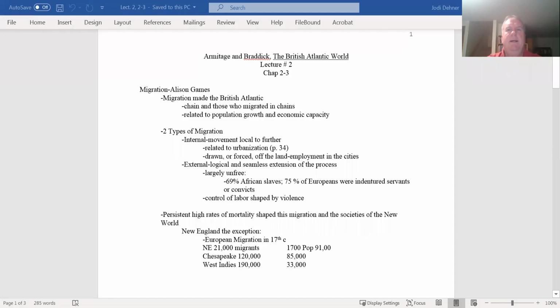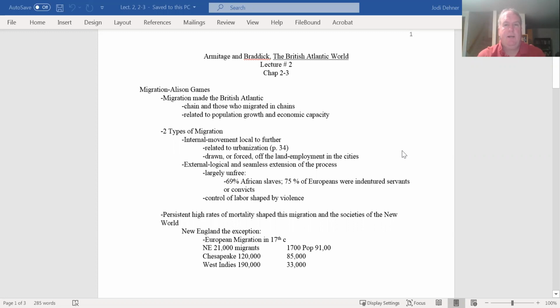So we're going to talk about migration, and we're going to talk about economy. So Games's argument is that, and it's useful here to know that there's something in migration studies that is a function known as chain migration. And chain migration is a theoretical construct that says the following.